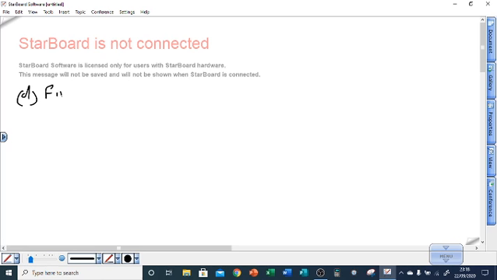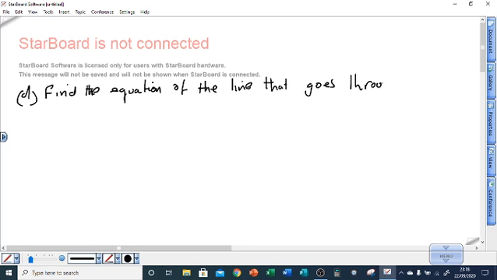So find the equation of the line that goes through, I'm going to give you 2 coordinates. So let's say (2, -3), and the line must also pass through (-4, -5). Okay.